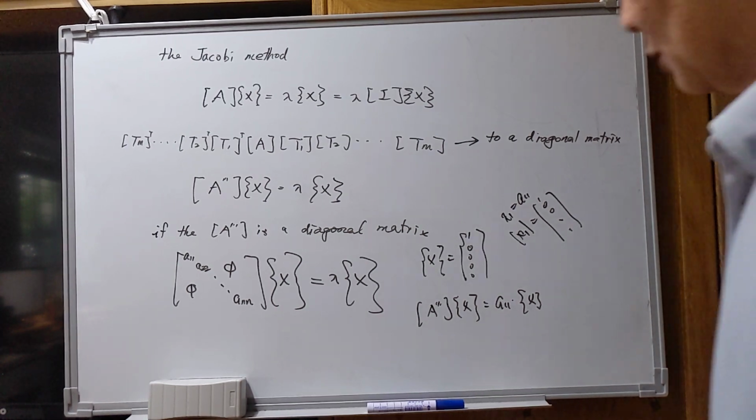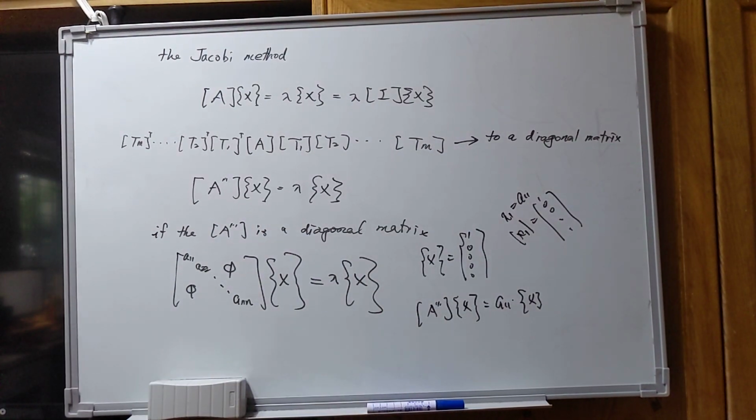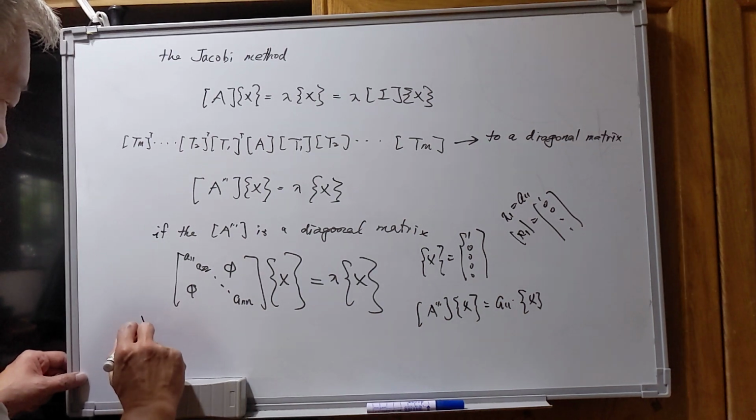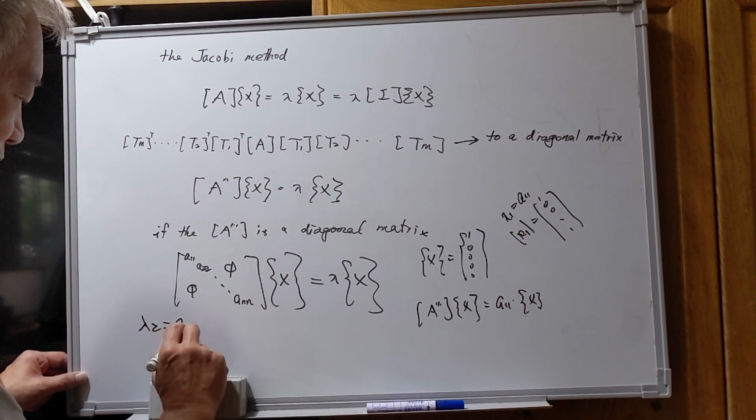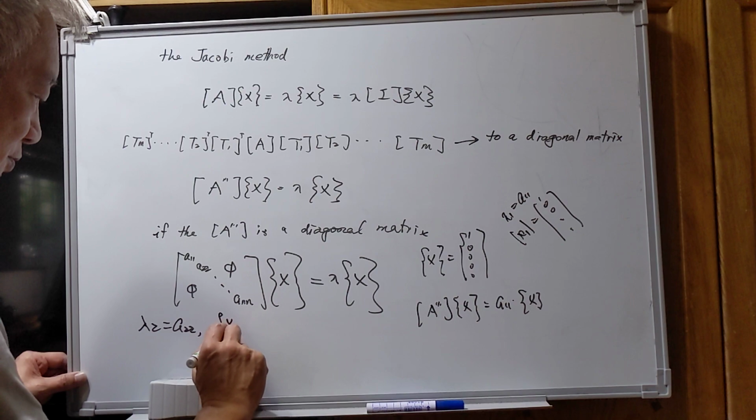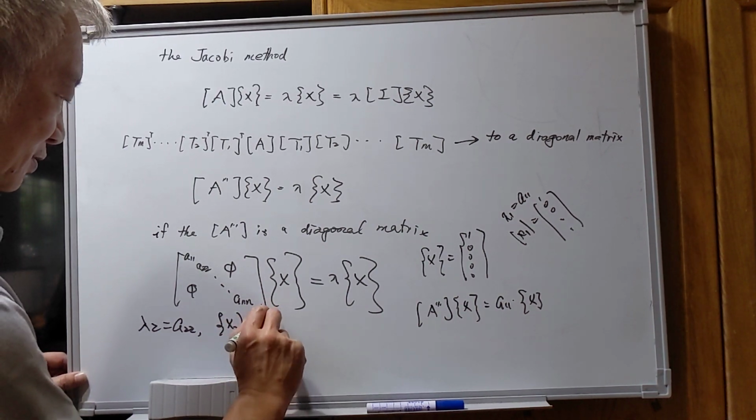Okay, and also lambda 2 is equal to A22, and x2 is equal to (0, 1).